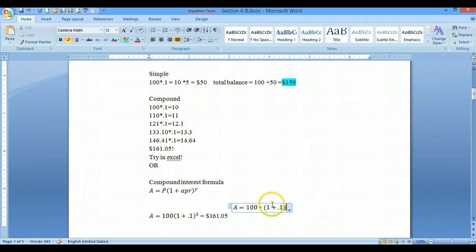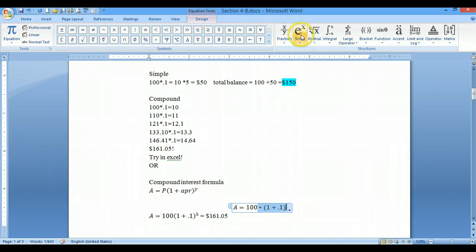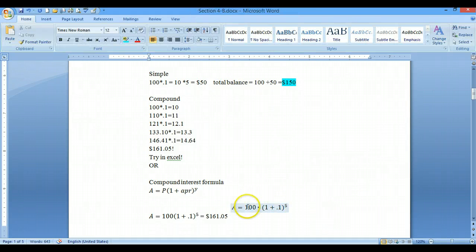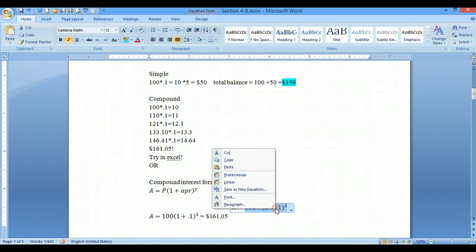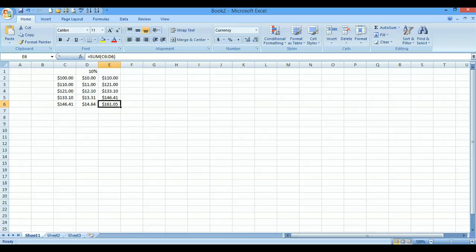I'm going to highlight all of this because I want that being raised to a power. Come out to my power, and that was 5 years. Now I'm going to highlight just this portion, copy, come into Microsoft Excel. This will kind of help speed you up on your homework supplements. Press an equal sign because I want it to calculate like a calculator.